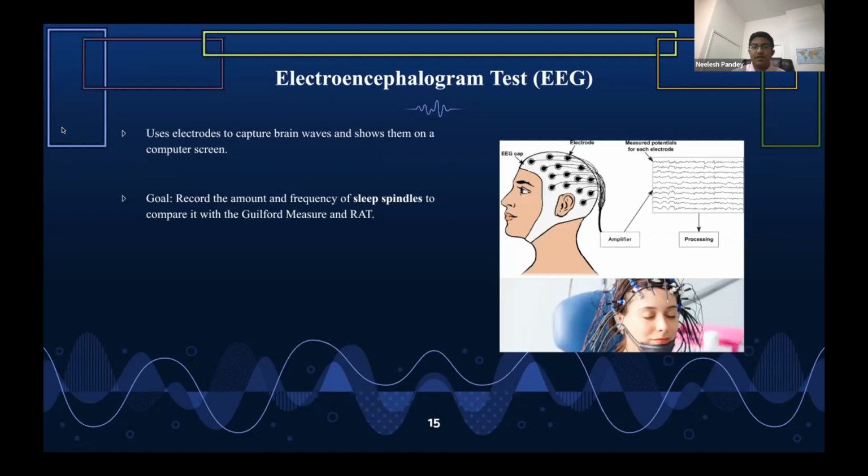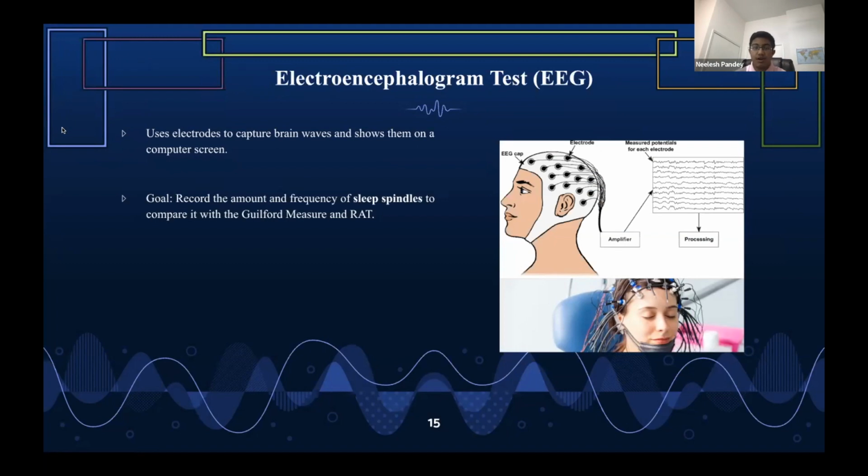In order to identify the sleep spindles, we'll be using an electroencephalogram or EEG test. As stated, we'll start it during the night when the participants are going to sleep. And we see that by putting the electrodes, which are metal discs on wires, on the scalp and leaving it on for the night, we will be able to graphically see this on a computer program.